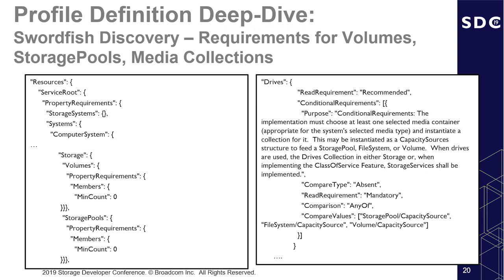There's not really good language. One of the things we're working on is, one of the things that's missing in the language right now within the interoperability profile schema is the ability to compare two things that aren't really related, that aren't right next to each other in the schema. If you have two properties inside the same schema, it's pretty easy to do. So right now, this is actually written out in the text.